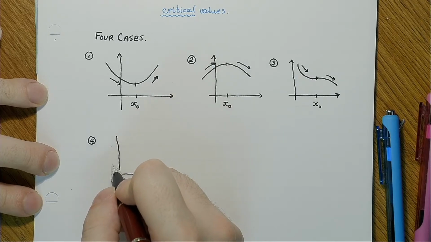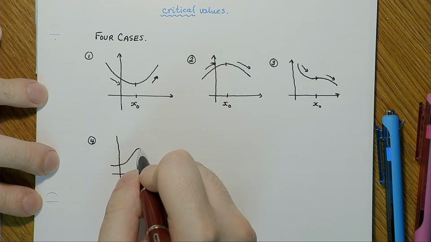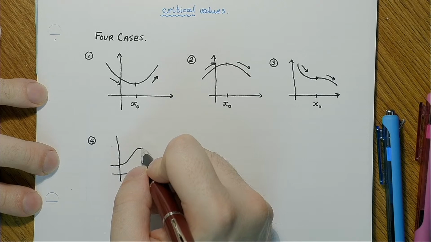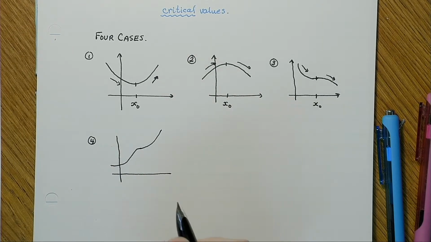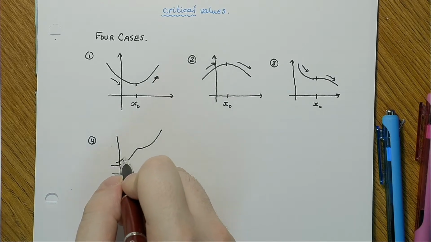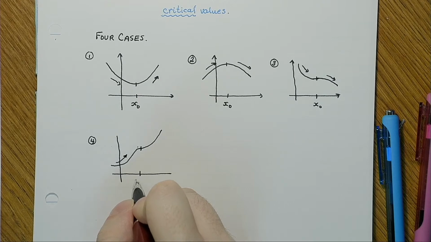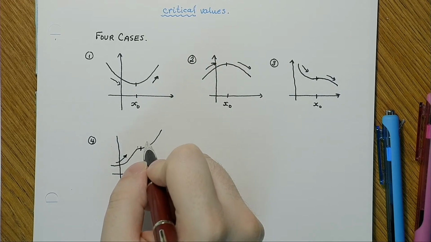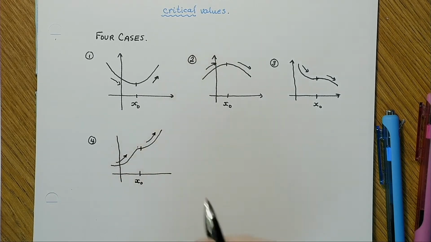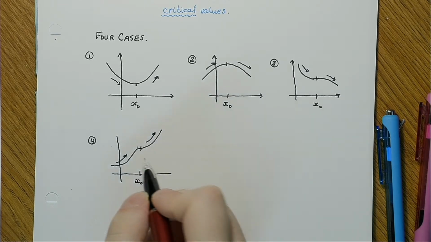And we can have it increasing, flatten out, and increase again. So we can have it increasing here, and here is around where the critical value is, and then it's increasing as well. So these are critical values.